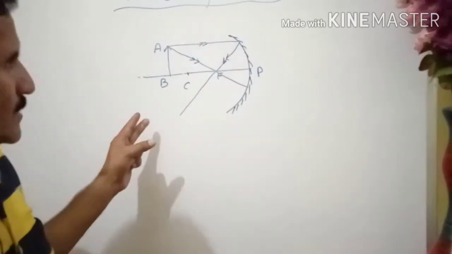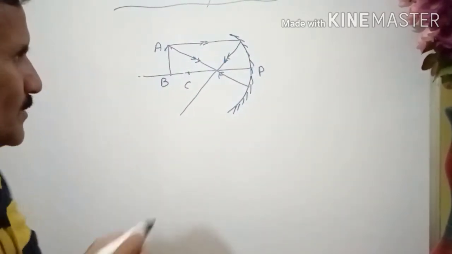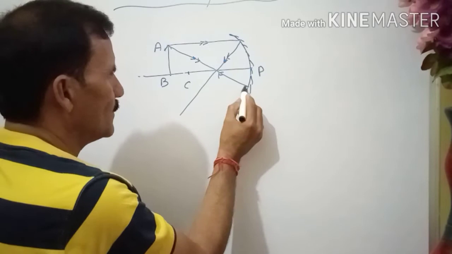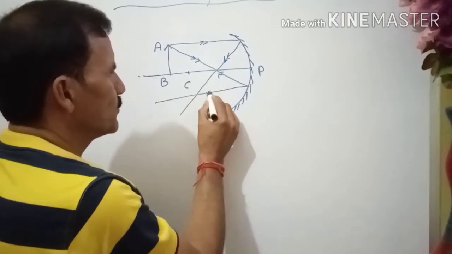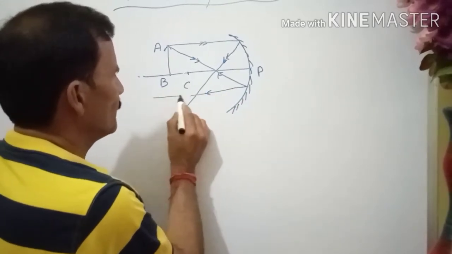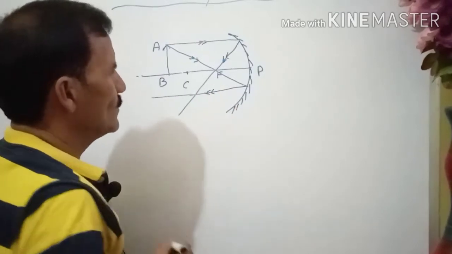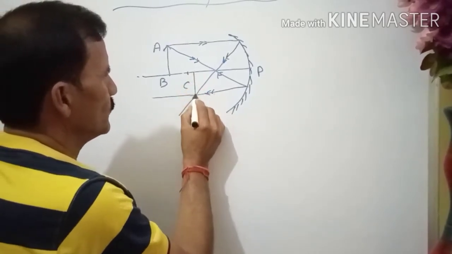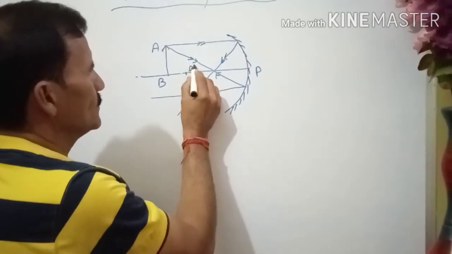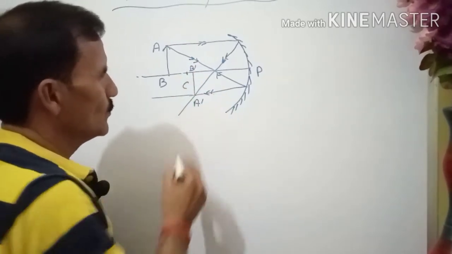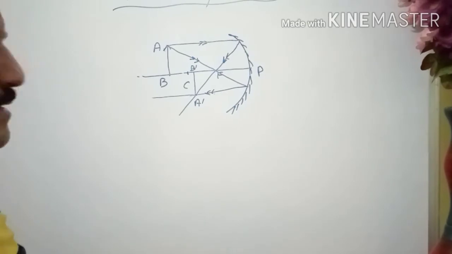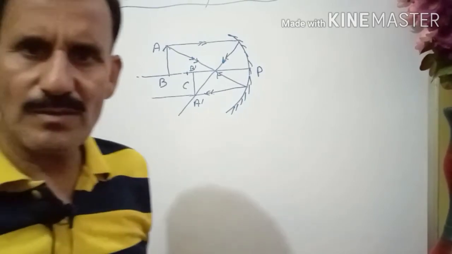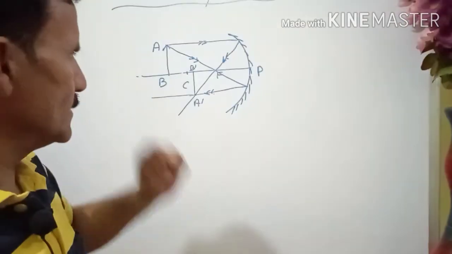Then by symmetry, rays are symmetrical, so it will become parallel to the principal axis after reflection. Now where they cut, that will be the position of the image, so B dash, A dash. So A dash B dash is the image. Have you understood how to locate the image?